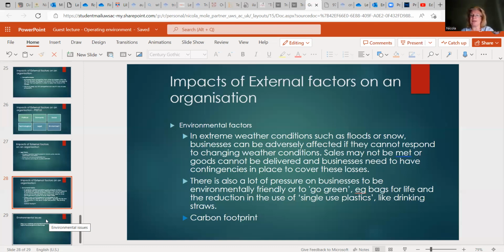Another thing that's happening at the moment is a reduction in the use of single plastics like drinking straws. People are now not giving straws or handing out paper straws so that the plastic doesn't go into the ocean. And businesses are also measuring their carbon footprint. What are their carbon emissions?